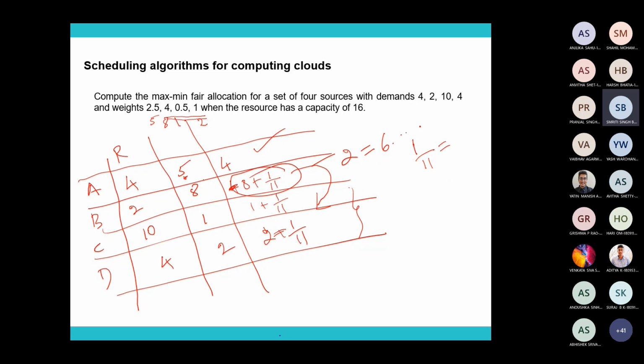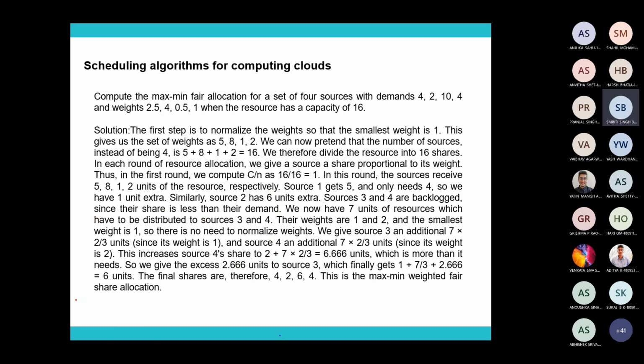Then once again you just compare whether the resource which they get is less than or equal to what is mentioned here. So that is 10 and 4. Yeah, the same thing is mentioned here.